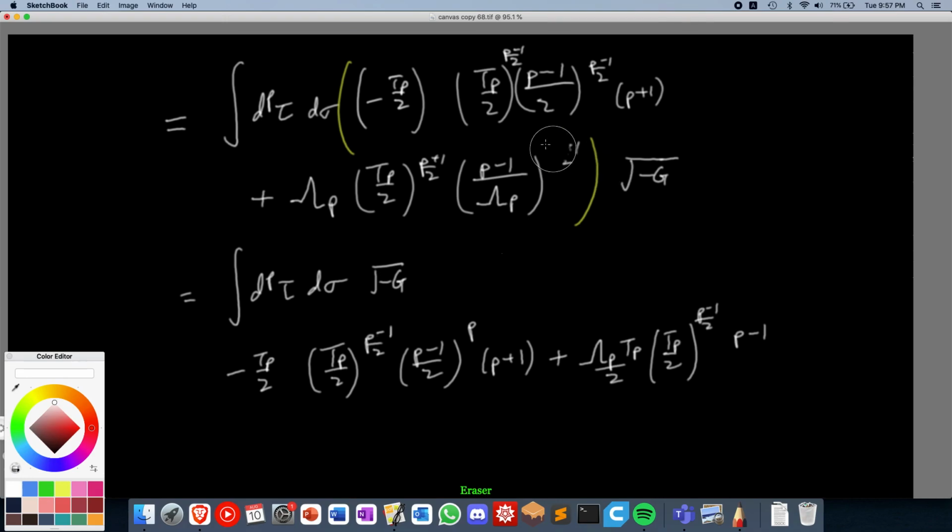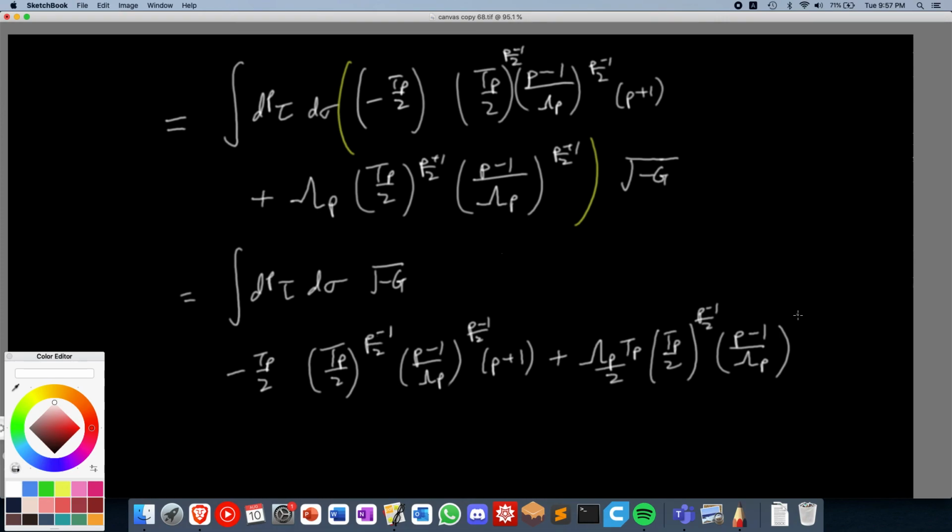Oh, I'm terribly sorry, this is lambda p over lambda p. Oh, I did not finish this up. This is p plus 1 over minus 1 over 2, this is p plus 1 over 2.